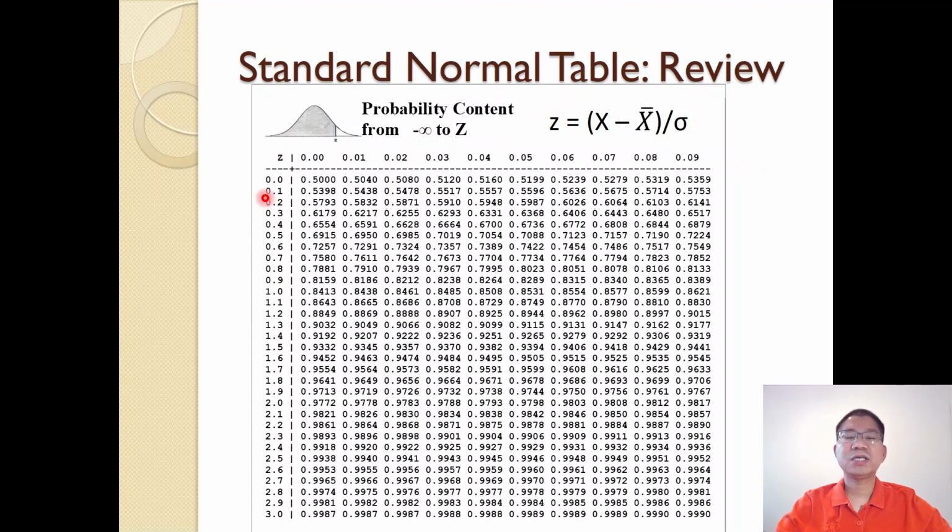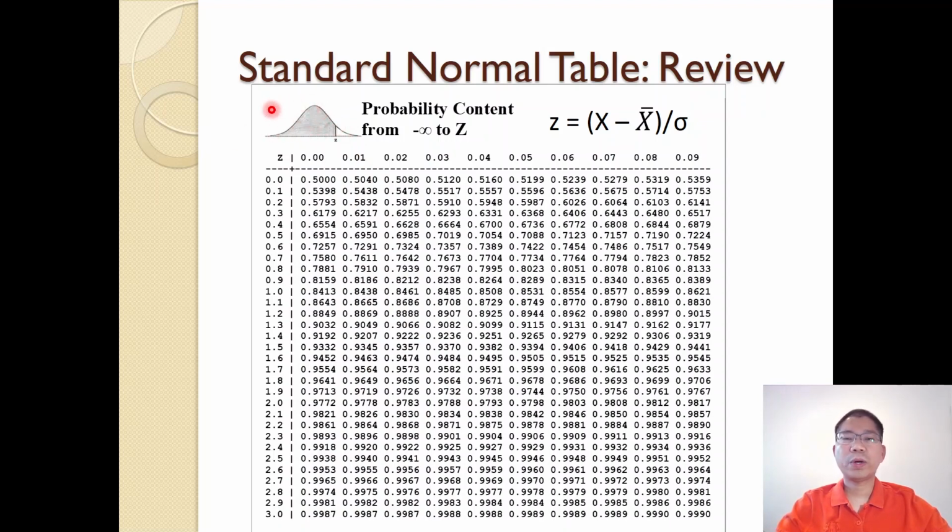First, let's see the Z. When you find from here, it is like 2.23. So how can I find out the probability? The probability that you measure in this table is the area to the left of Z.